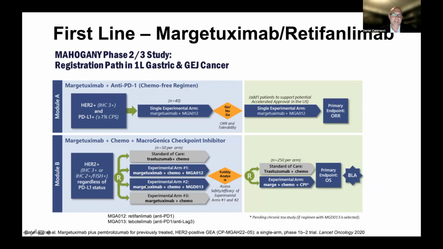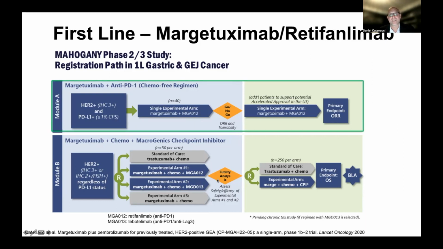And second question is adding retifanlimab or other targeted immunotherapy drugs to the margetuximab and chemo better than margetuximab and chemo alone? And so it's sort of a 4-arm randomized phase 2 study that then will be proceeding to a phase 3 potentially if these outcomes hit the mark.